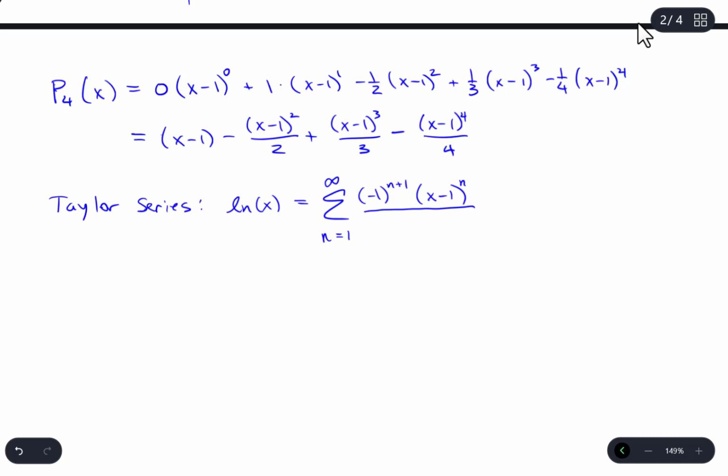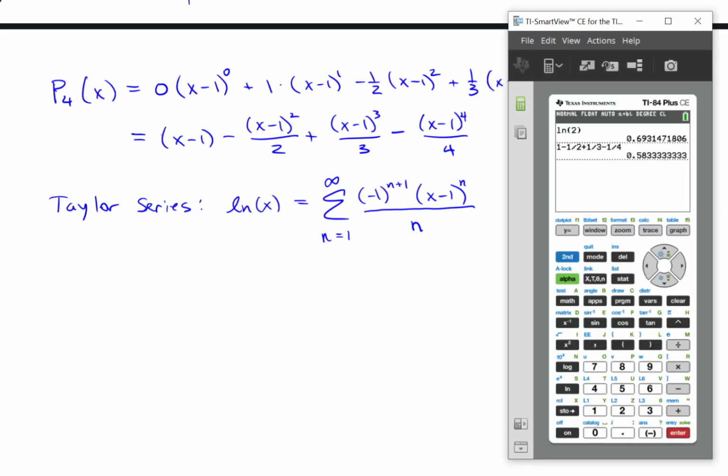Then if we look at the denominators, if you'll notice, it's really just a pattern of 1, 2, 3, 4, so it's really just over n. So this right here represents a function that could produce every single polynomial term. So this approximation I did in the calculator, I could easily come up with what the next term would be.